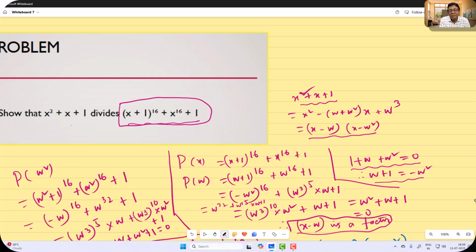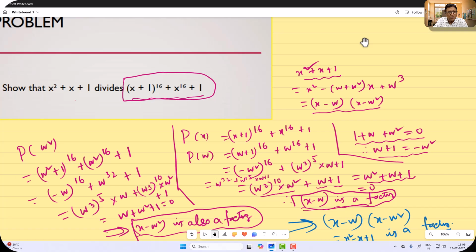And here 32 means you can write omega cube to the power 10 into omega square. This is omega plus 1, so omega square plus omega plus 1 is 0. Therefore x minus omega is a factor.